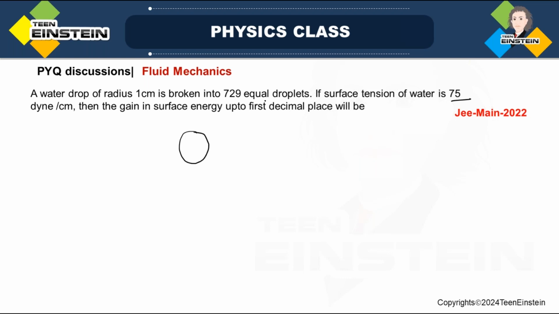So this has, suppose, a radius capital R, and that is 1 centimeter given over here, and this is broken into tiny equal drops, and this many equal drops. Let me take the radius of each as small r.